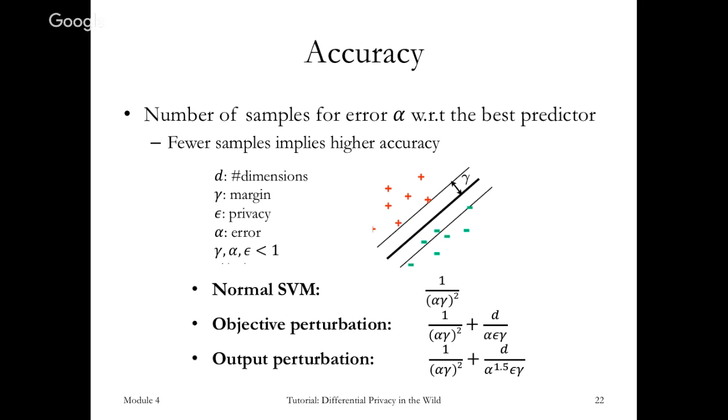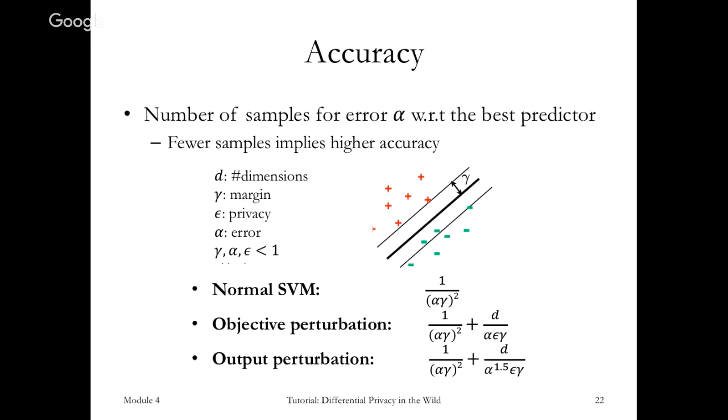You can see that both perturbation methods require additional samples to achieve the same accuracy. In particular, output perturbation requires additional samples by a factor of 1 over square root alpha. Also practically, when we run experiments, output perturbation gives more errors than the objective perturbation method.